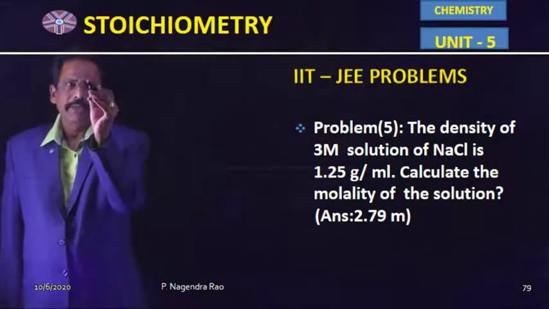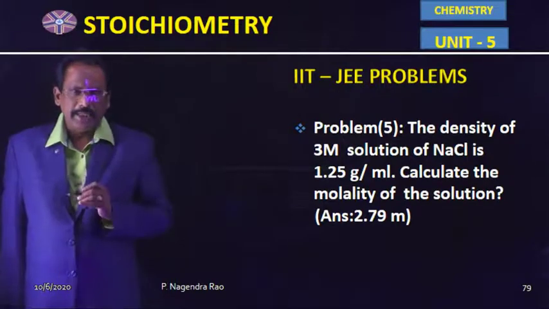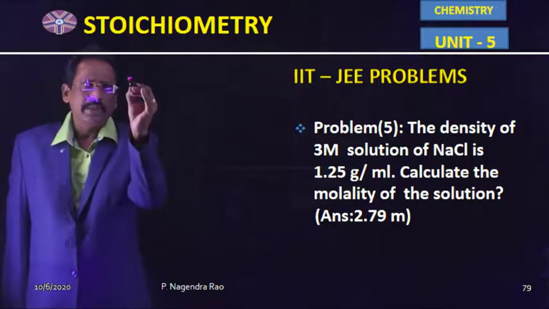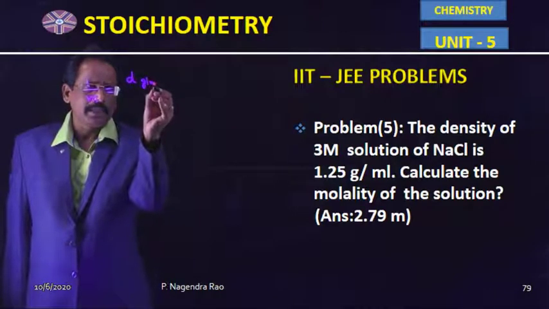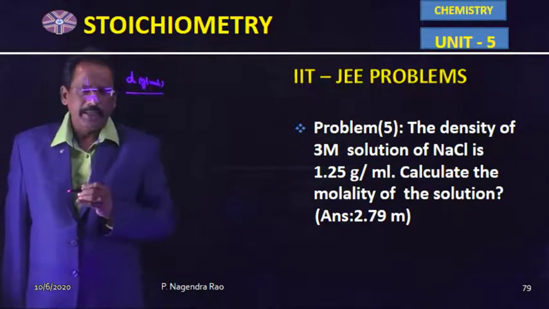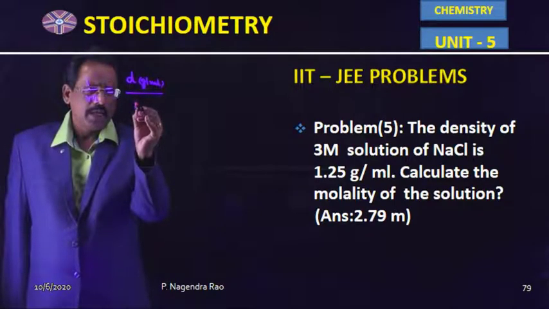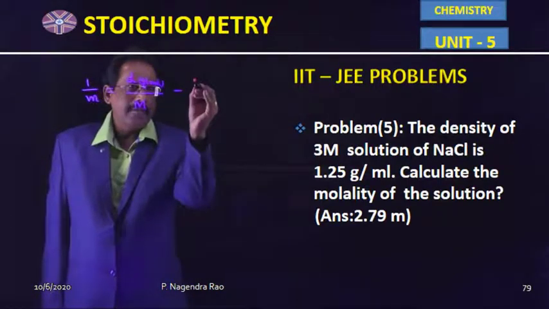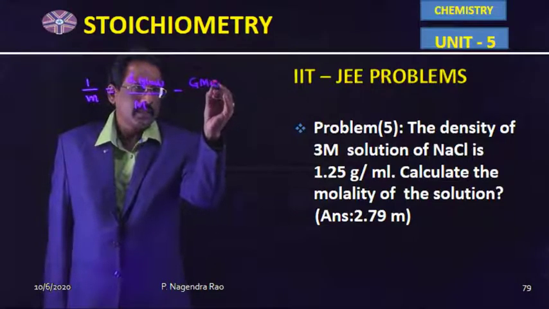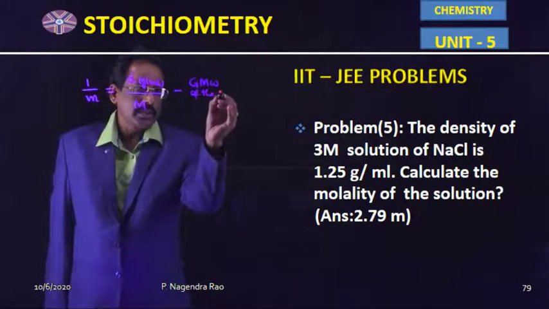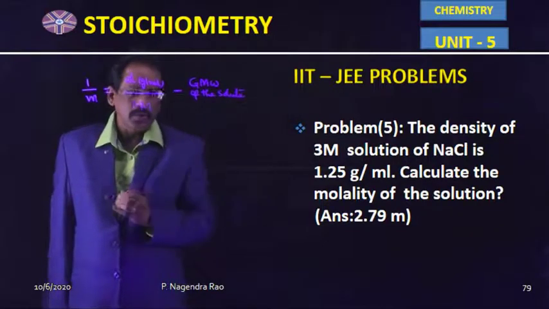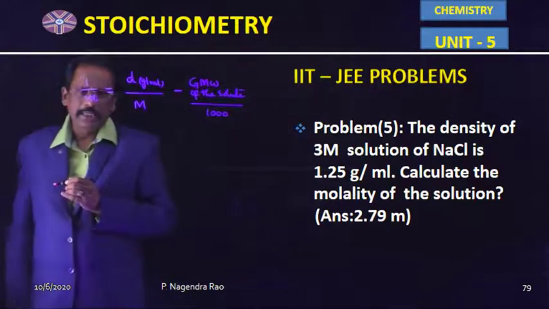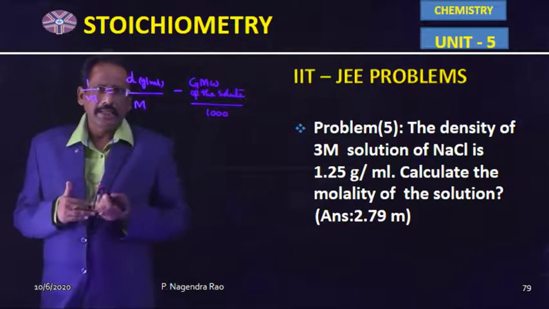The reciprocal of the molality, 1 by m, is equal to the density of the solution in grams per ml divided by the molarity capital M minus the gram molecular weight of the solute divided by 1000.